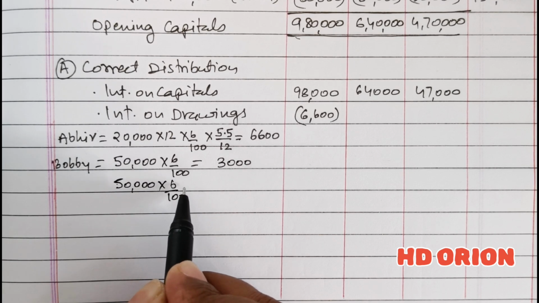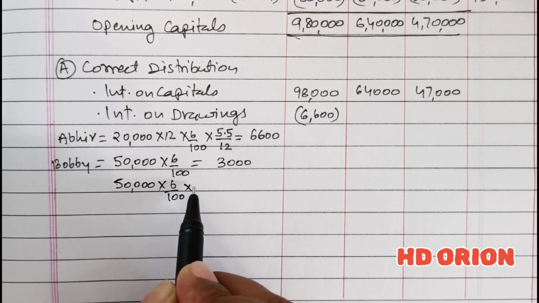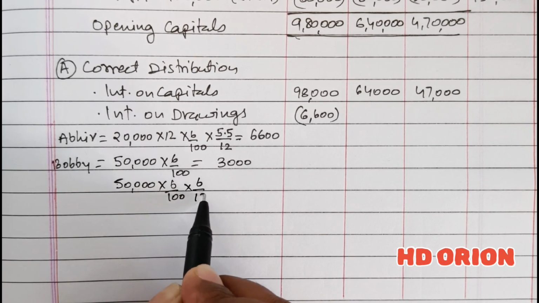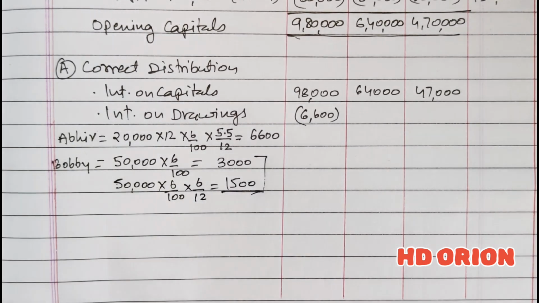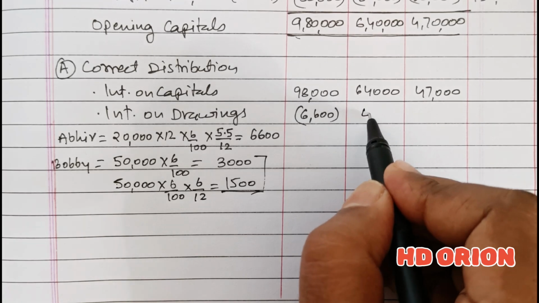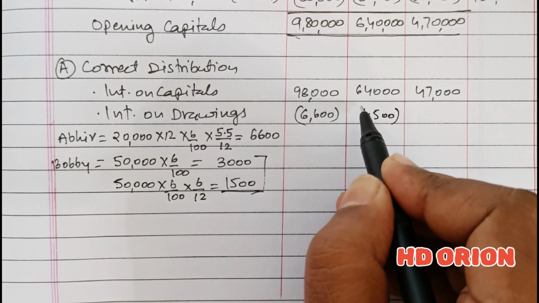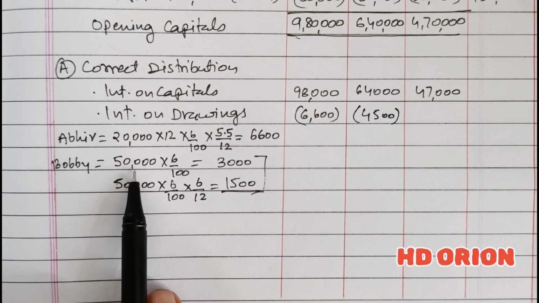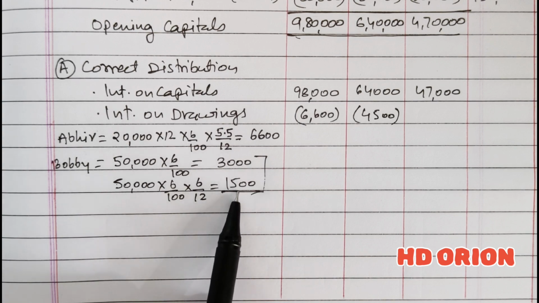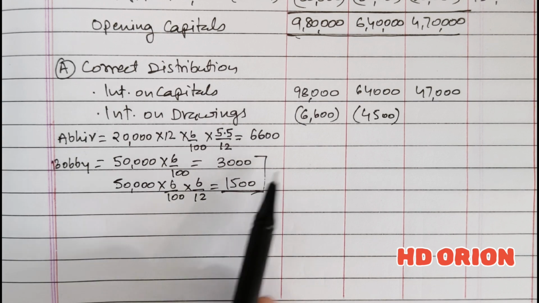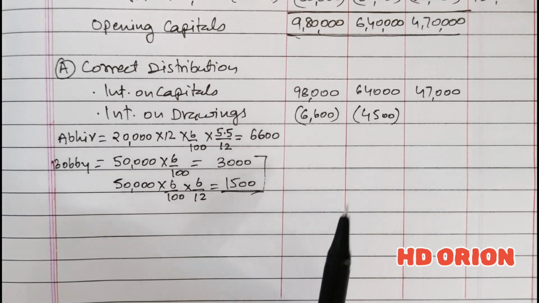That also at 6%, but it is for 6 months, so it is half the amount, rupees 1,500. So the total for Bobby is rupees 4,500: first 50,000 for the whole year, and the second 50,000 in the middle of the year for 6 months at half the amount.